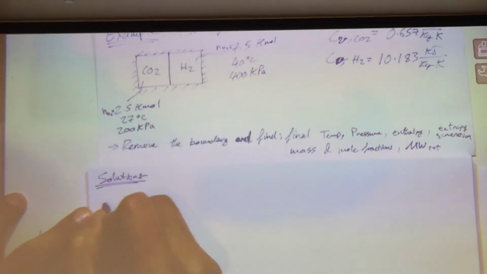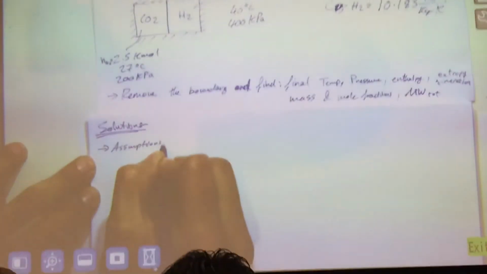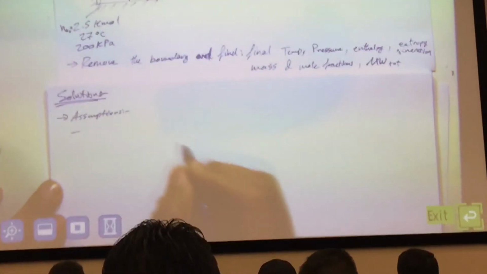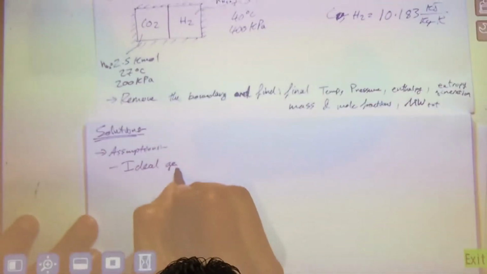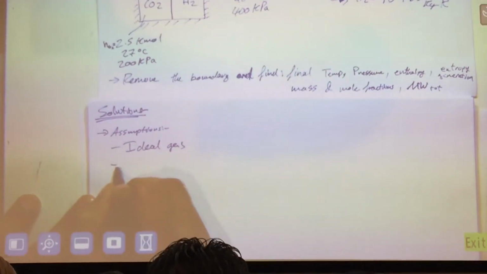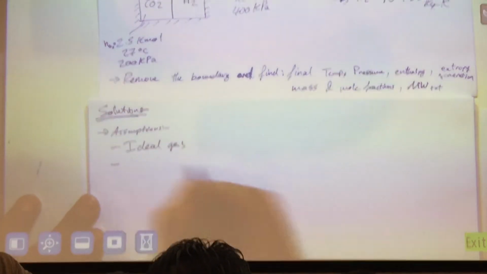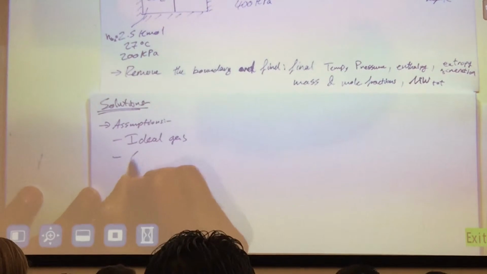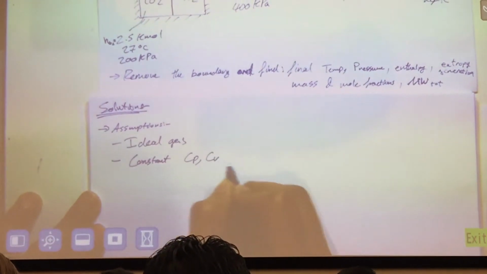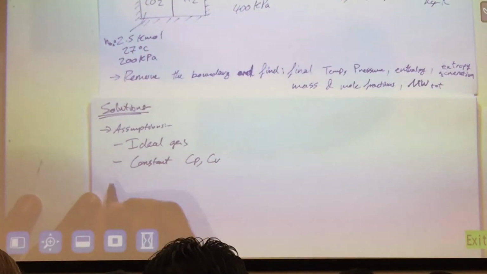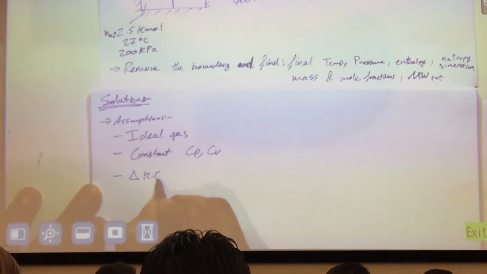You have to make assumptions first. Well, what do we have? We're going to assume ideal gases. We're going to assume my specific heats, both constant pressure and constant volume, are constant, so constant CPs, CVs. I'm going to assume I don't have any changes in kinetic energy or potential energy.